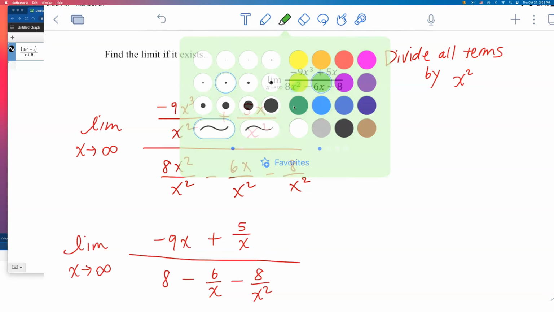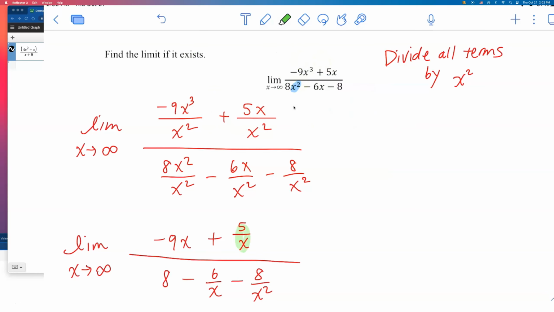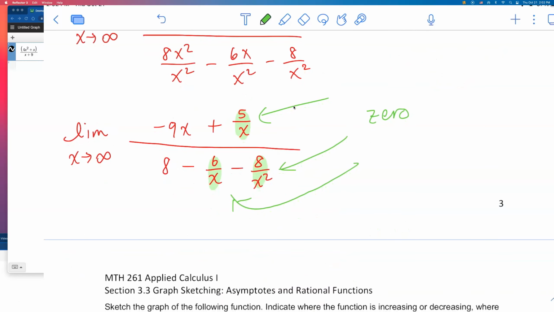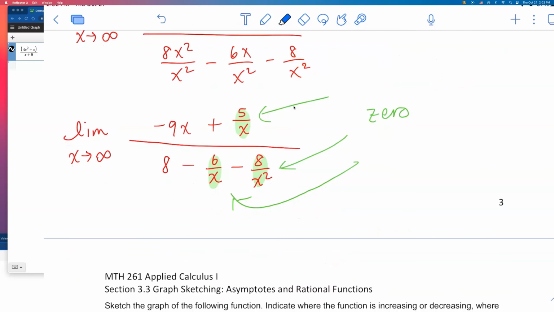Now, let me tell you, these are the good ones. These highlighted ones have a number on top and x in the bottom. These green ones will be 0. But we have a problem. This troublemaker up there is negative 9 times x.